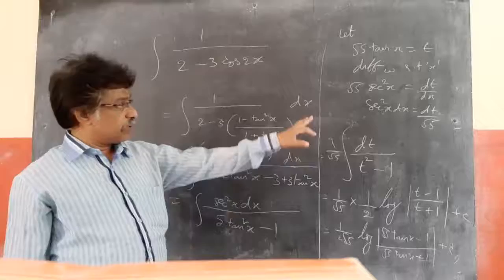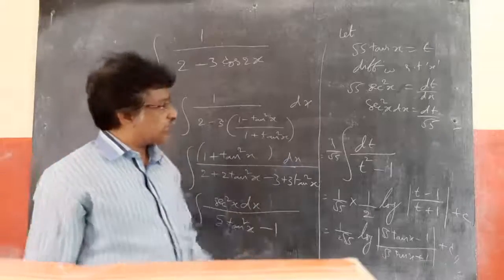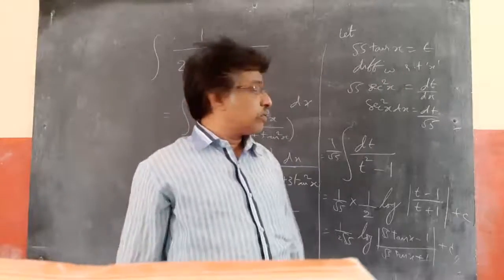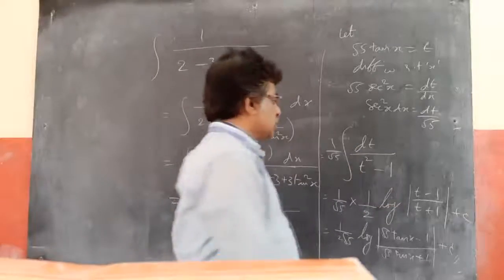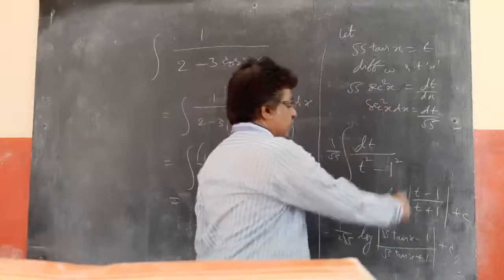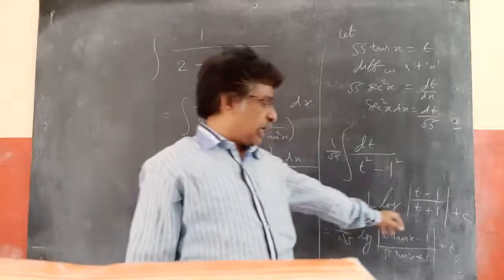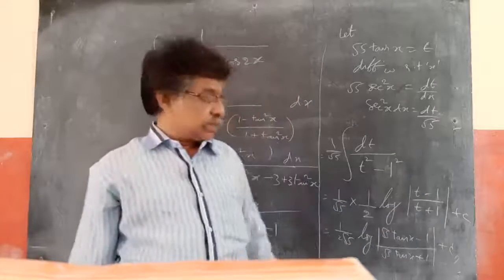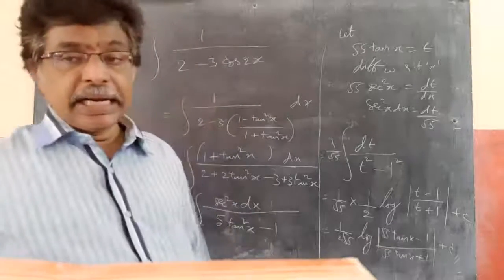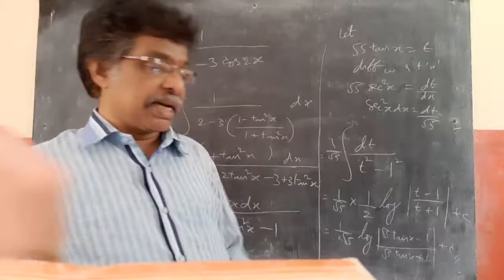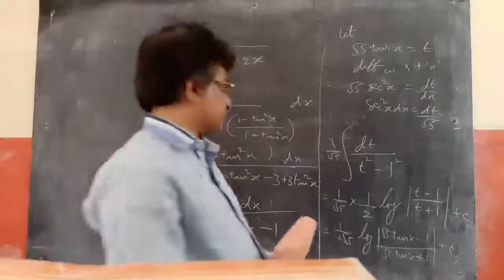By simplifying we got 5 tan square x minus 1, and taking root 5 tan x equal to t, I got integral of 1 by t square minus 1. So this is integral of 1 by x square minus a square, 1 by 2a log mod, sorry, x minus a by x plus a. So t minus 1 by t plus 1. T is back substitution, root 5 tan x.